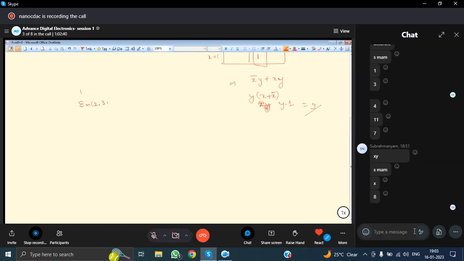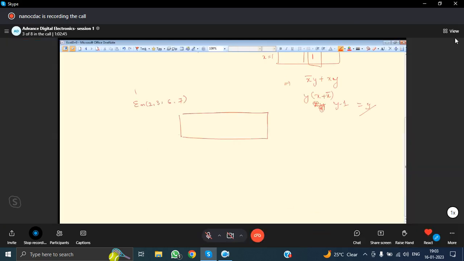Okay, this is a 4-variable KMap, so x and yz.